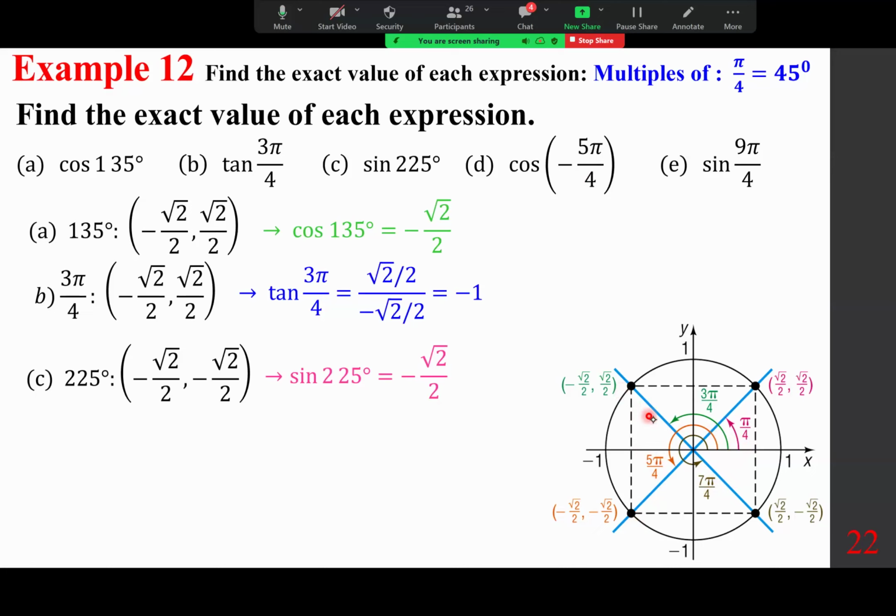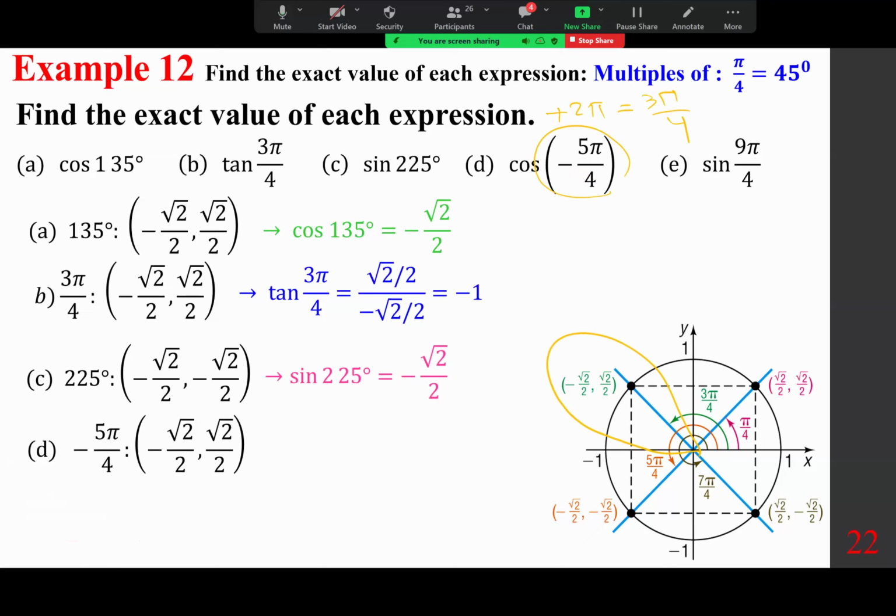So positive 3 pi over 4 and negative 5 pi over 4 have the same terminal side. One way to know it, if you add 2 pi, you end up with 3 pi over 4, and therefore it's the same location as this one. So I hope you see how you find that.